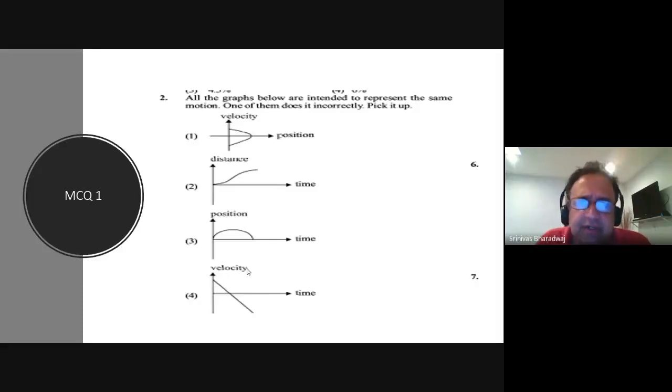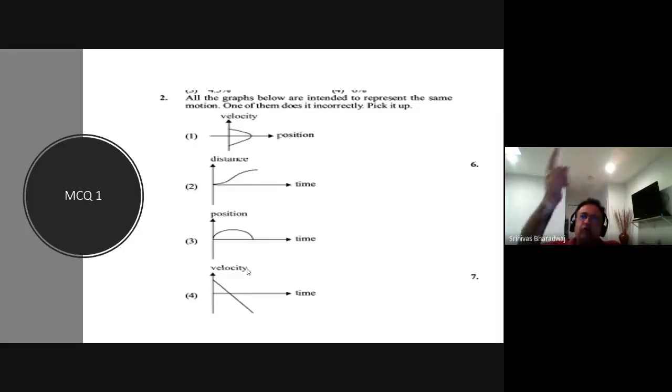When you have constant acceleration in one-dimensional motion, the P versus T curve will be an upsloping parabola, right? Now, if the P versus T curve is an inverted parabola, that is a deceleration curve. Okay, so y equals x squared is what? Parabola, right?